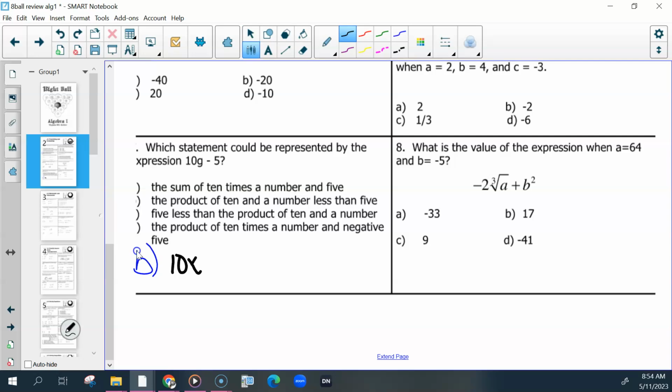I think B was the correct answer, right? No, it was C. Oh, less than 5 would be like this, whereas C is that one, 5 less than. Because it has that less than word, whatever comes before it has to go at the end.